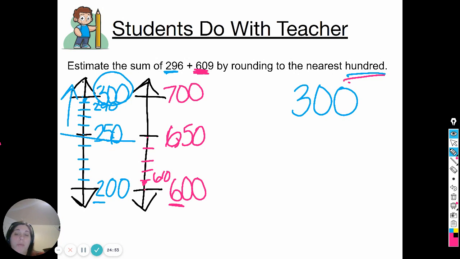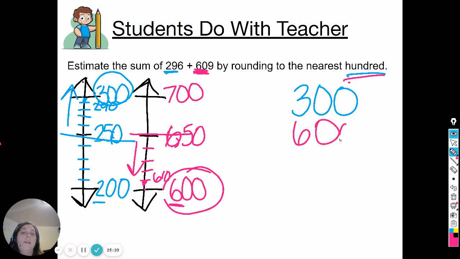So I'm going to plot my point right next to the 610 line. 610 is below halfway. So we round down to the bottom number here, which is 600. So go over to your equation and add that 600 there to the bottom.